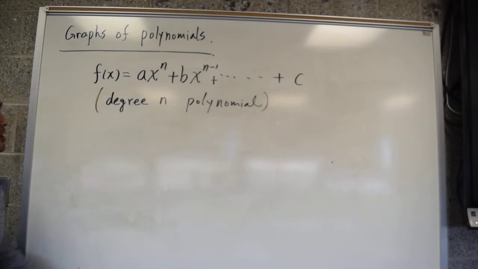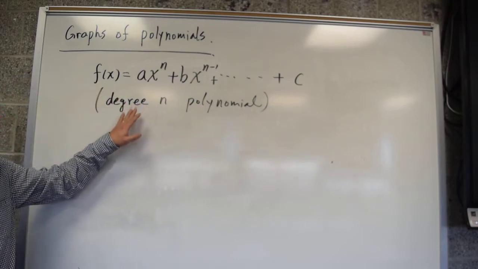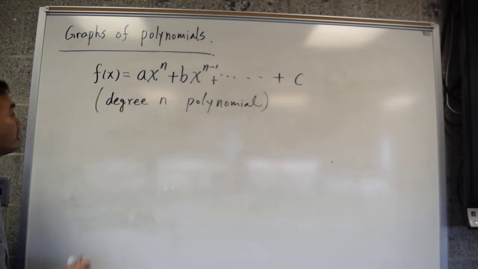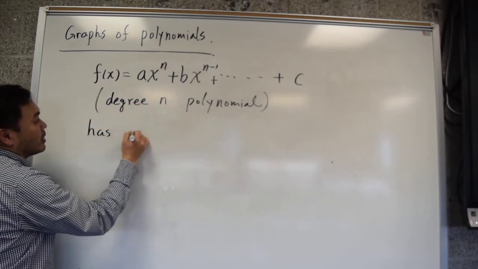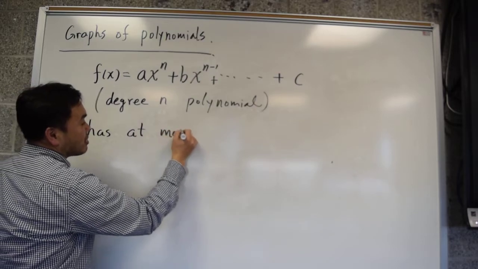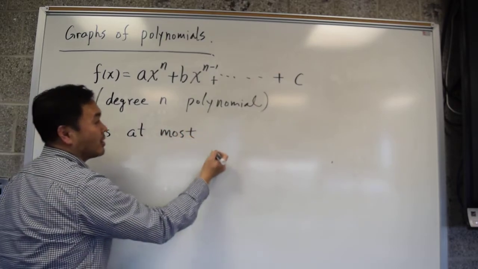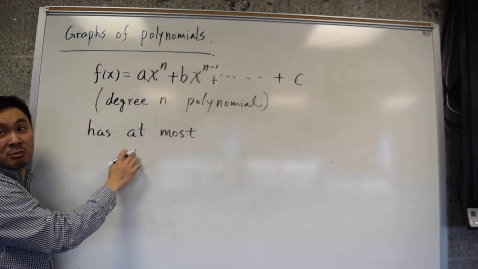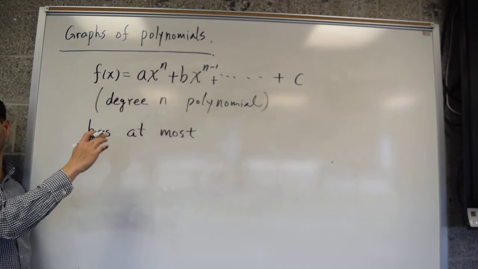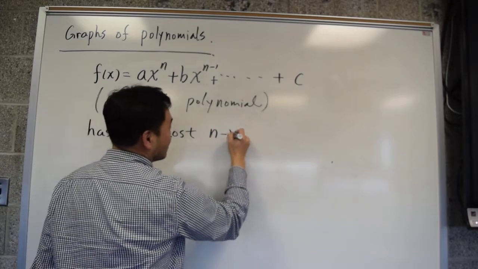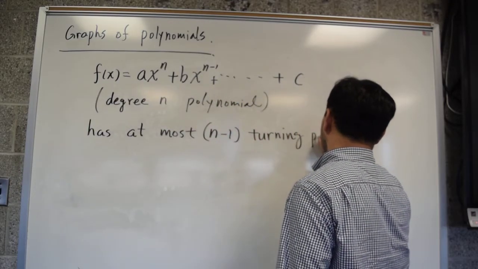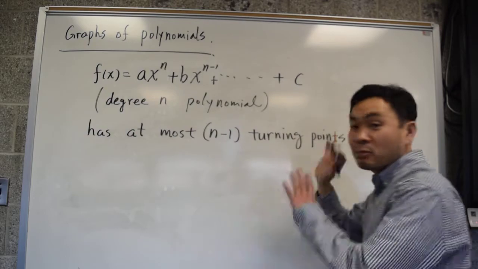And sometimes instead of degree n, people call this the order of the polynomial. So an n degree polynomial has at most how many turning points? How many turning points is the maximum? n minus 1. n minus 1. That's the important thing I wanted to show.